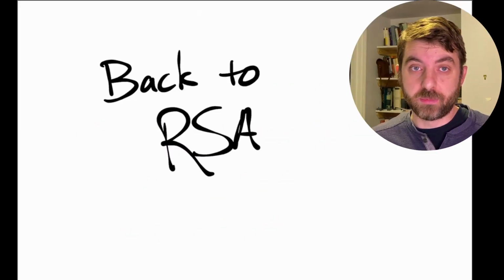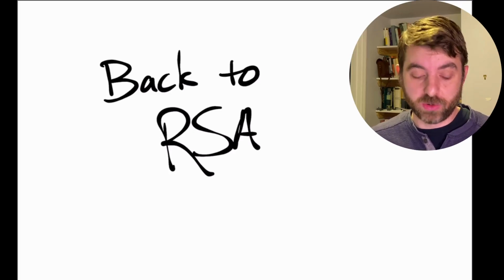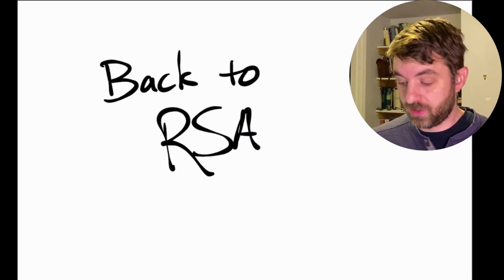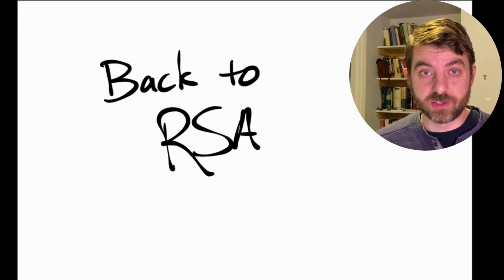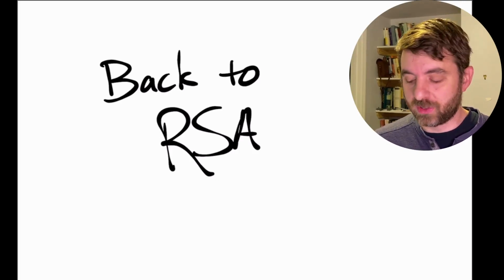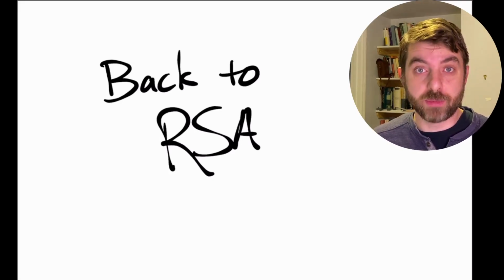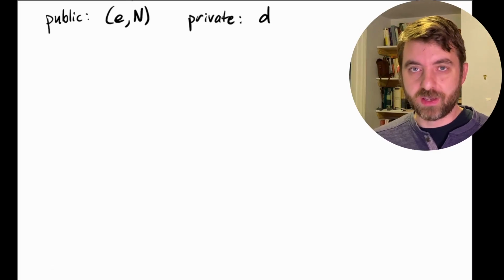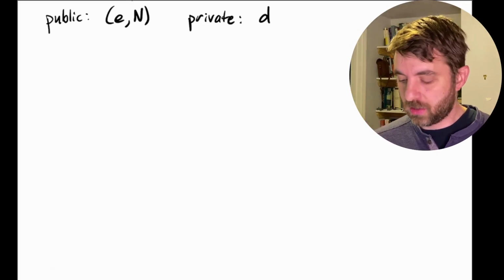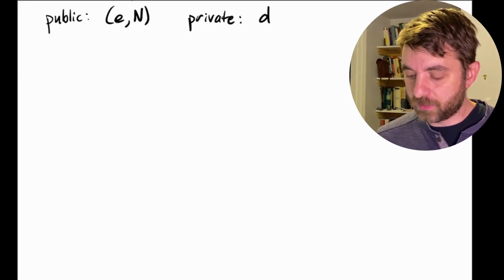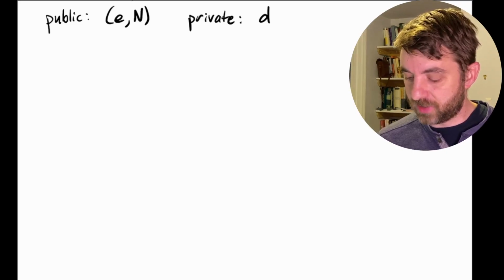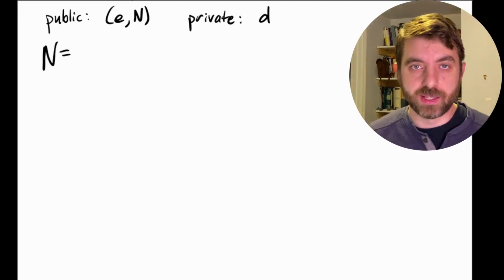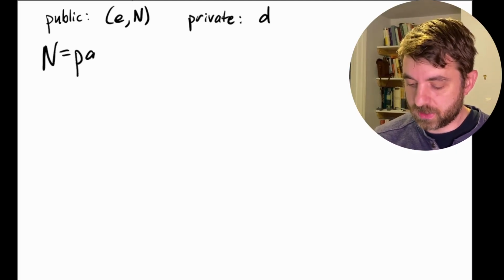So we're ready to get back to RSA, and now we know enough modular arithmetic facts to actually show that when you encode a message in RSA and then decode it with the private key, you get back the original message. Let's see how this works. So remember, we have e and n as the public key, and we've kept this number d private. And so we chose n. n is going to be a product of 2 primes, p and q.